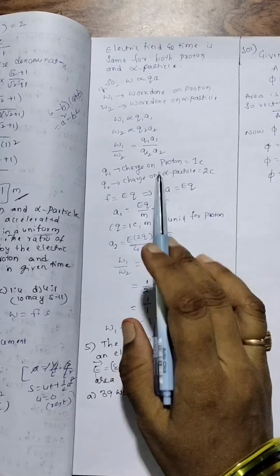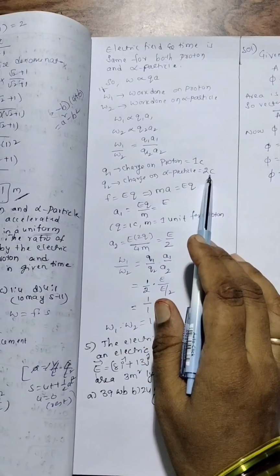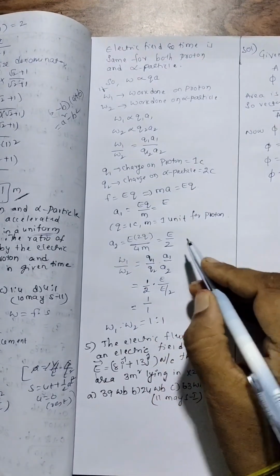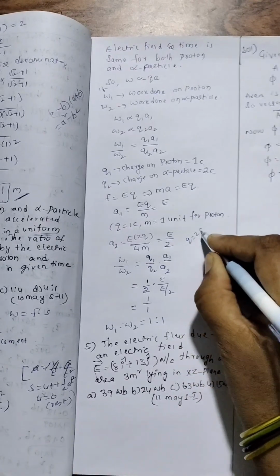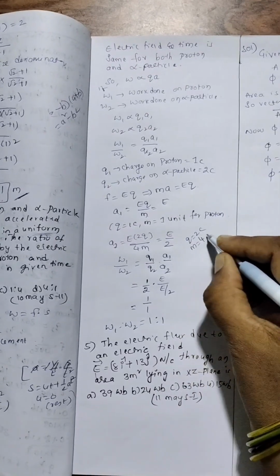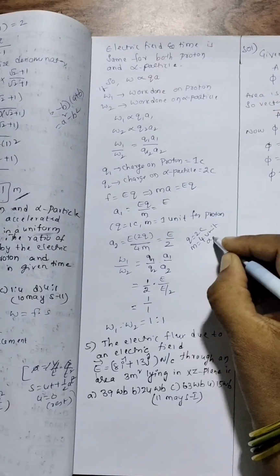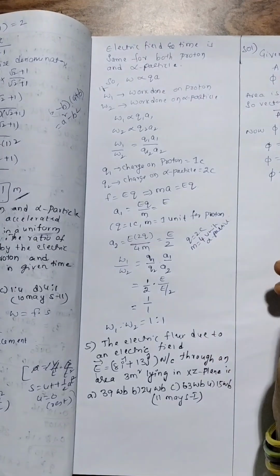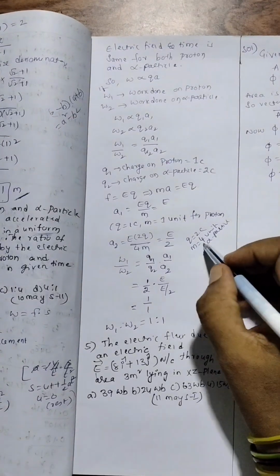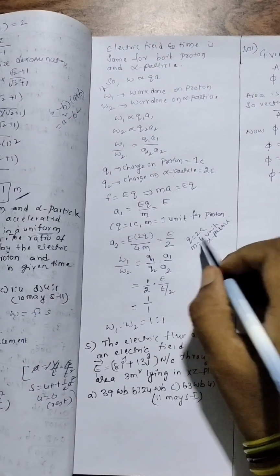Now E, in place of Q, 2 coulombs now. And mass will be 4 units. Okay. Q is equal to 2 coulombs and mass will be 4 units for the alpha particle. The mass of the alpha particle is approximately equal to 4.002 something. So mass is approximately equal to 4 units.